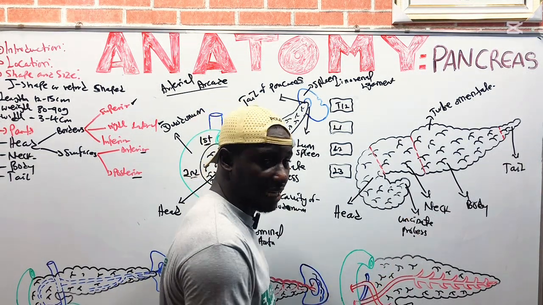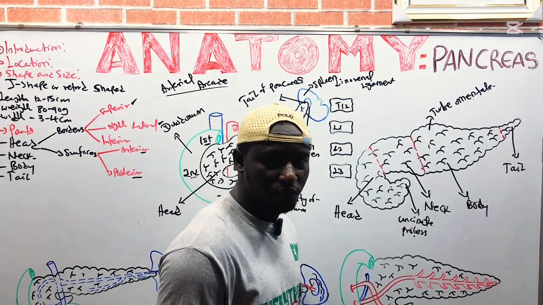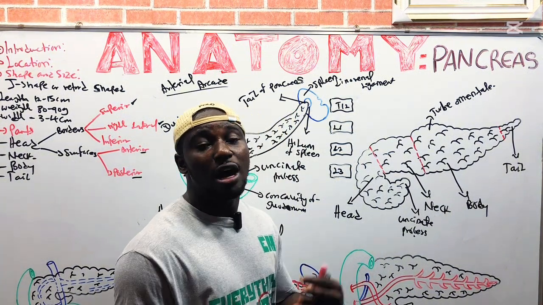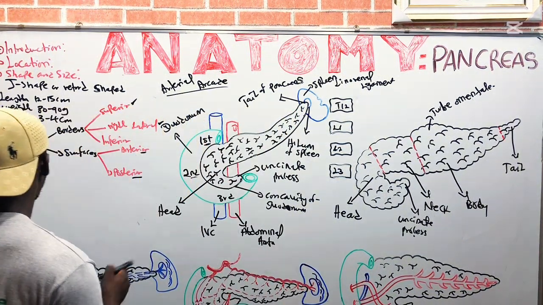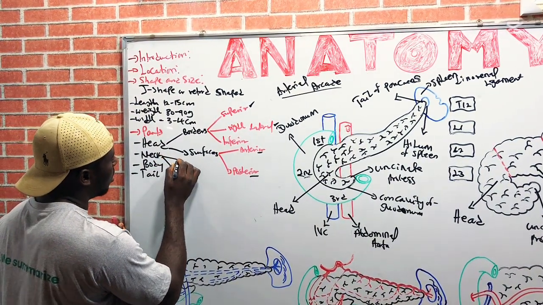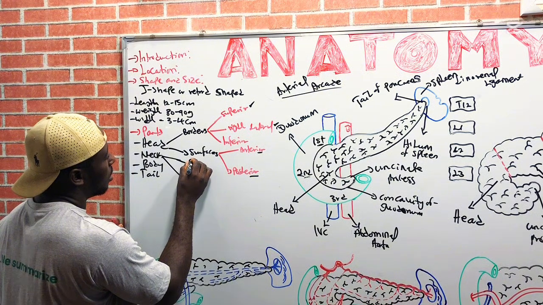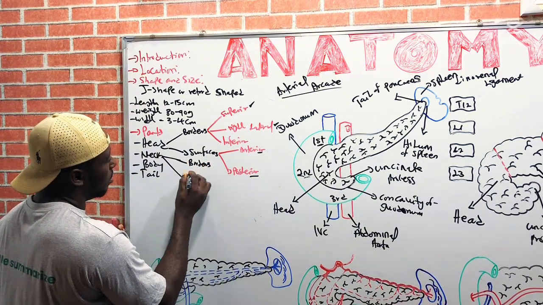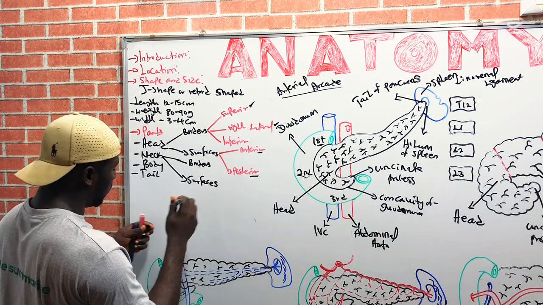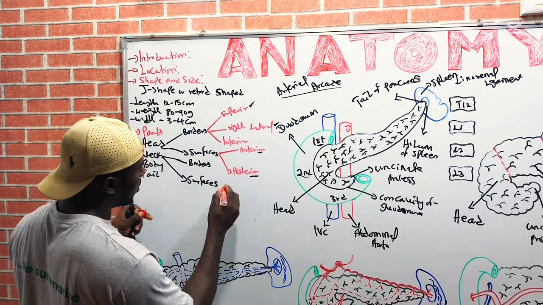This neck of the pancreas has external features where we have the anterior surface and posterior surface and upper and lower borders.